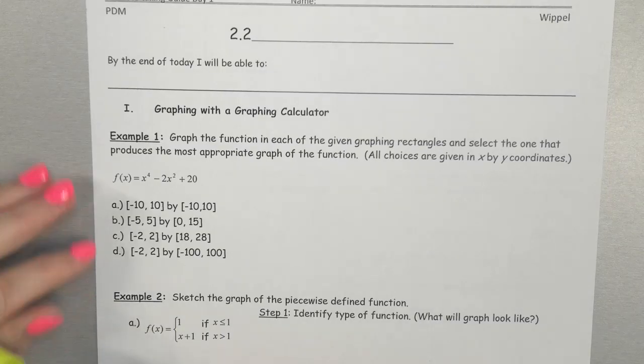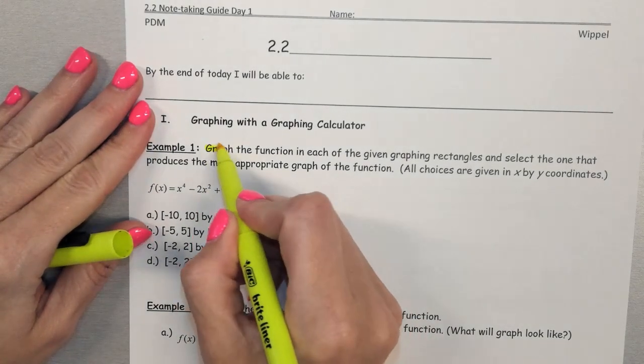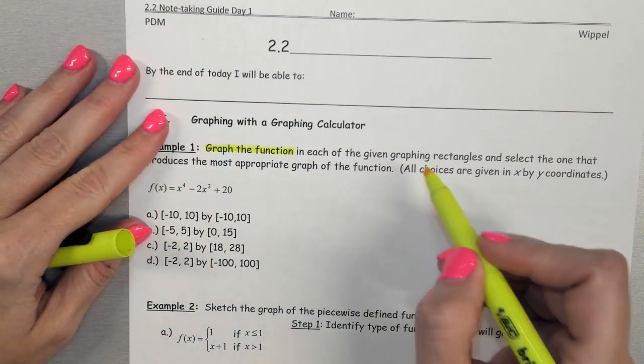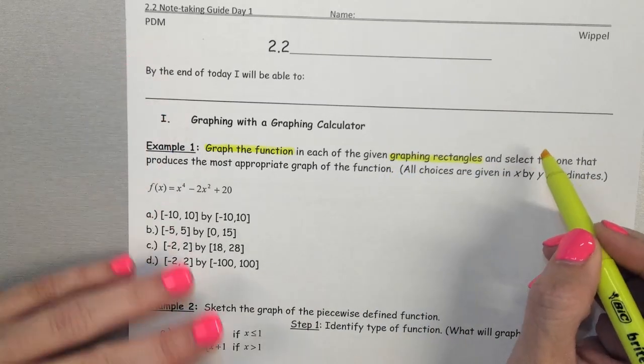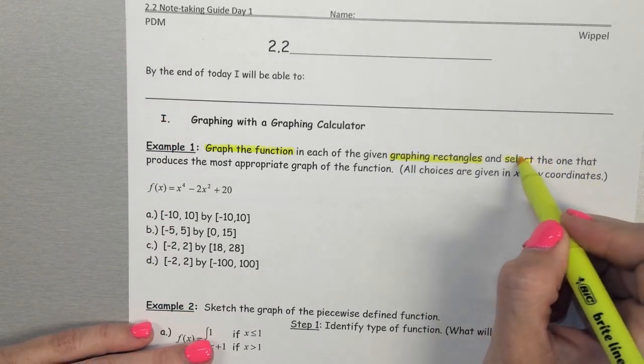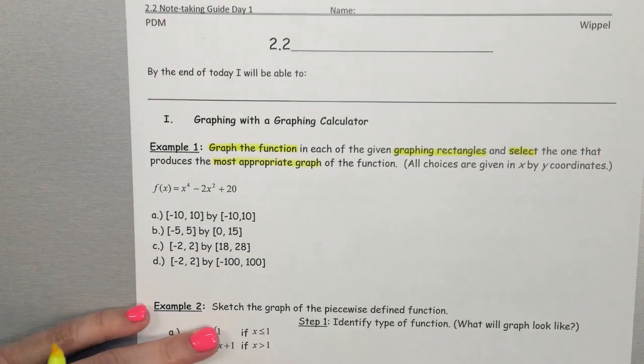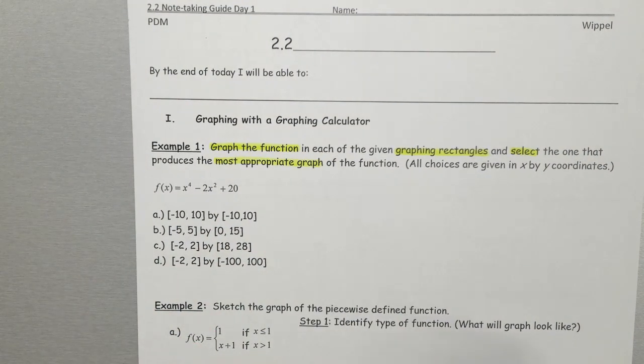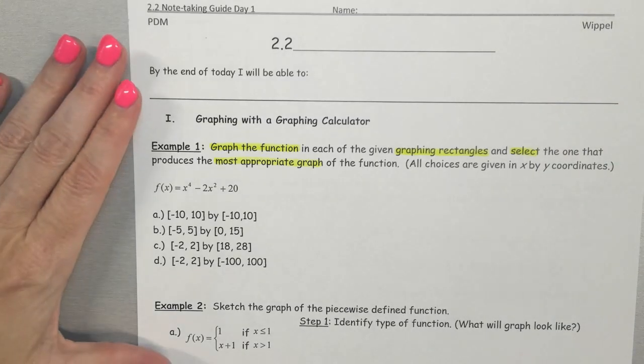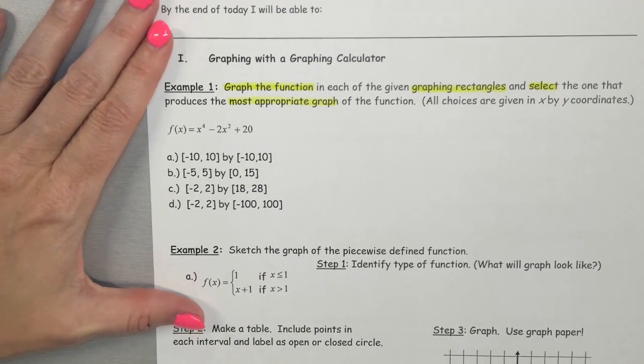It says graph the function in each of the given graphing rectangles, and then we are going to select the one that produces the most appropriate graph of the function. All of those choices are given in x by y coordinates.